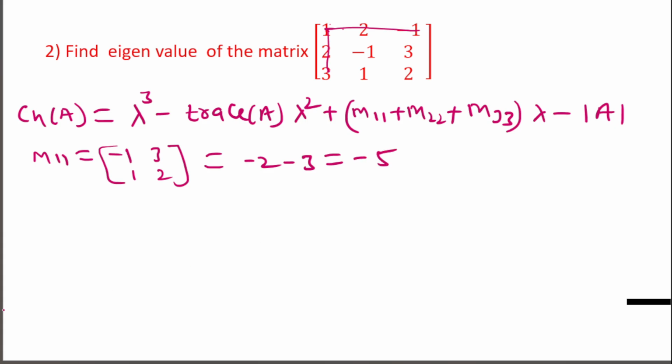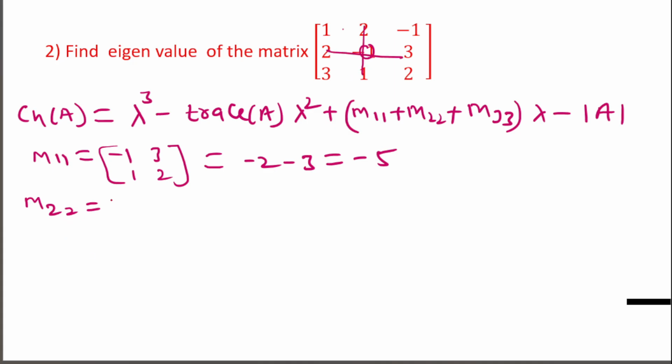Next we have to see M22. What is the value of M22? M22 means second row and second column. Second row, second column means this element, minus 1 element. This is the A22 element. Hence we have to delete the corresponding row as well as column.